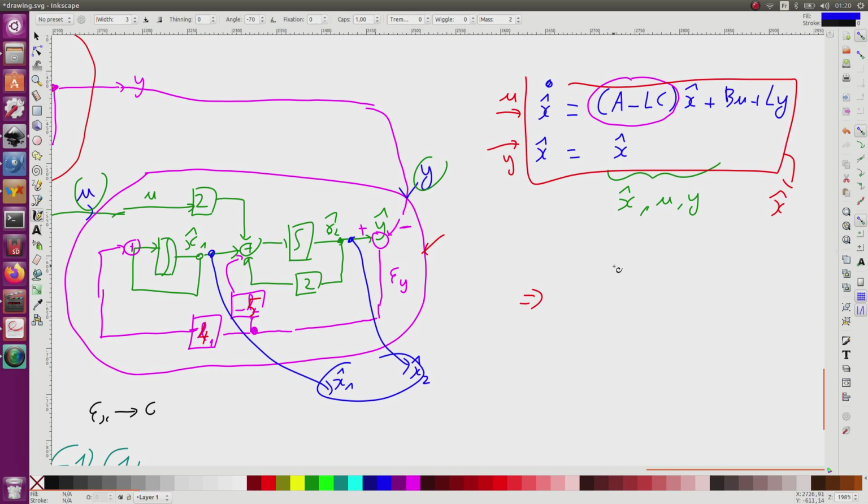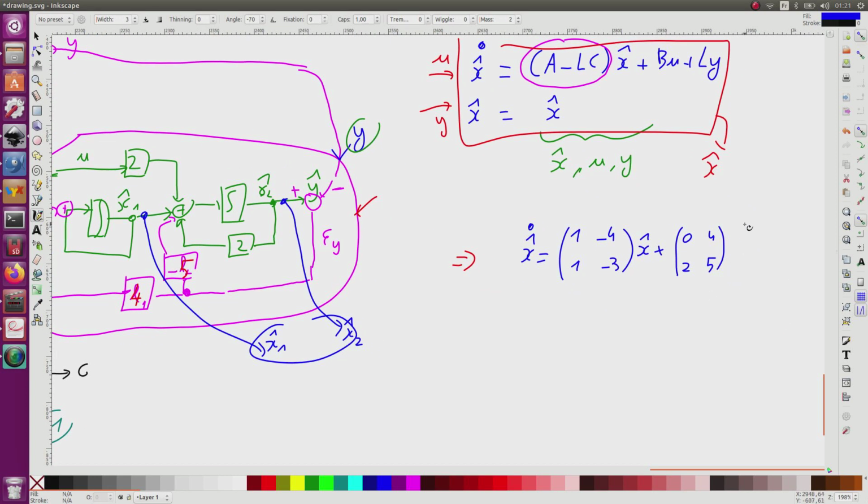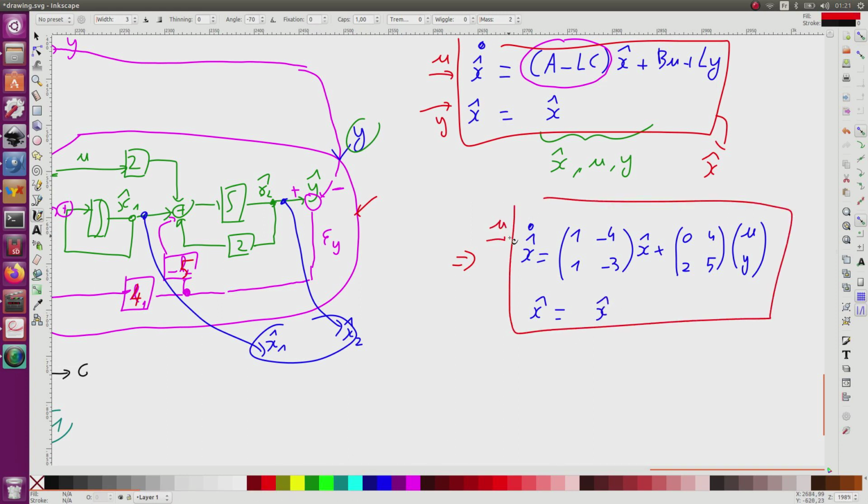The observer is x hat dot equal to the matrix 1, minus 4, 1, minus 3 times x hat plus the matrix 0, 4, 2, 5 times u and y, the inputs of my observer, and the output is x hat equal x hat.